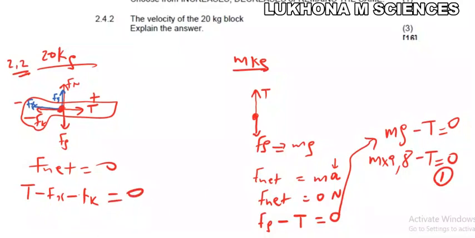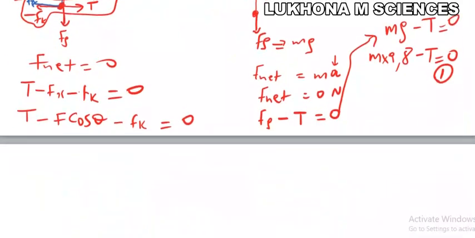Then after that we substitute. We do not have the tension, but we can calculate Fx. So the tension minus Fx, we said it's F cos theta, minus Fk, which is equal to 0. Then let's substitute.